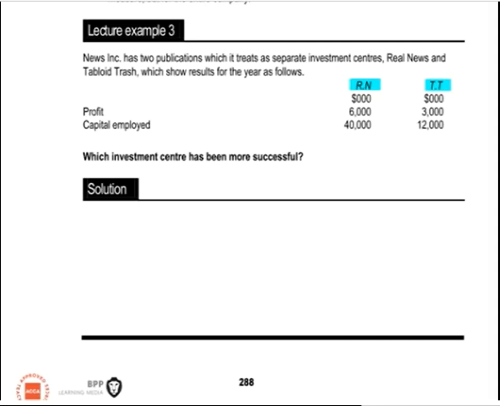Remember, we said we could appraise the performance using return on investment. That was calculated as our controllable profit divided by our capital employed. For RN, we know that the profit is 6 million and they had 40 million invested.